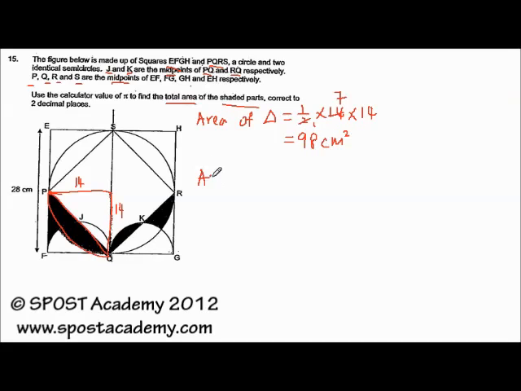Then I need to find the area of the quadrant, which is equal to 1/4 times pi times 14, which is the radius, times 14. I will get 153.9380.